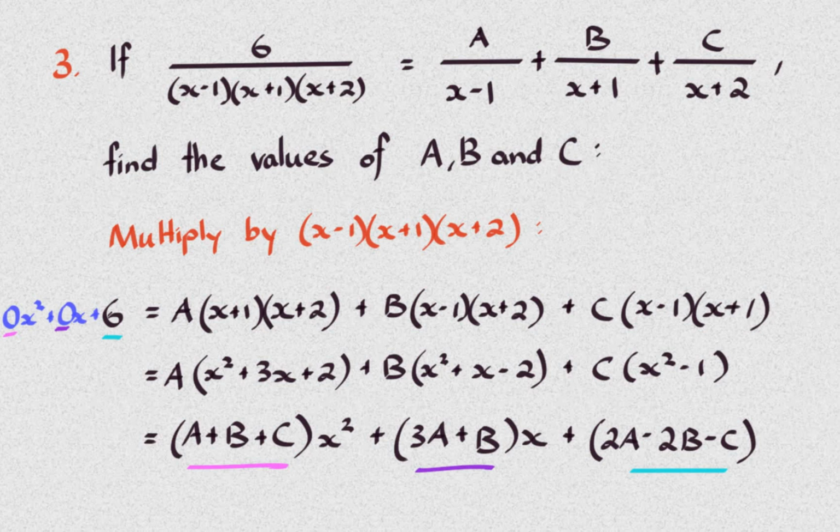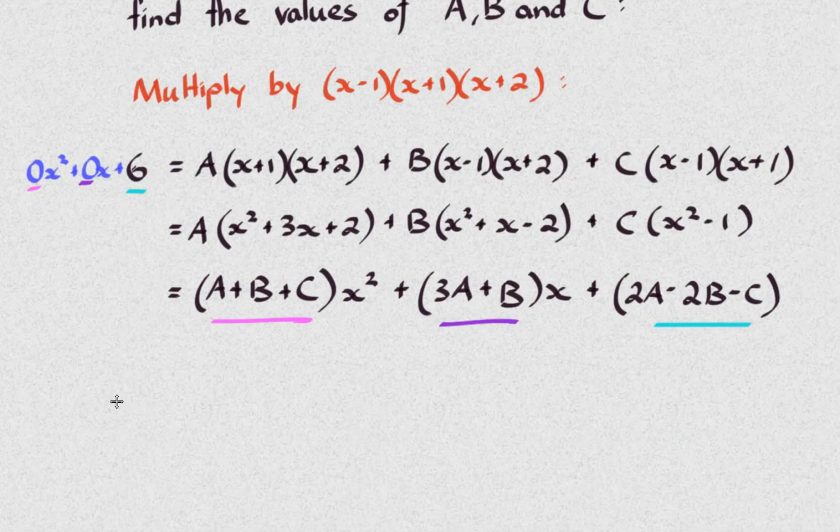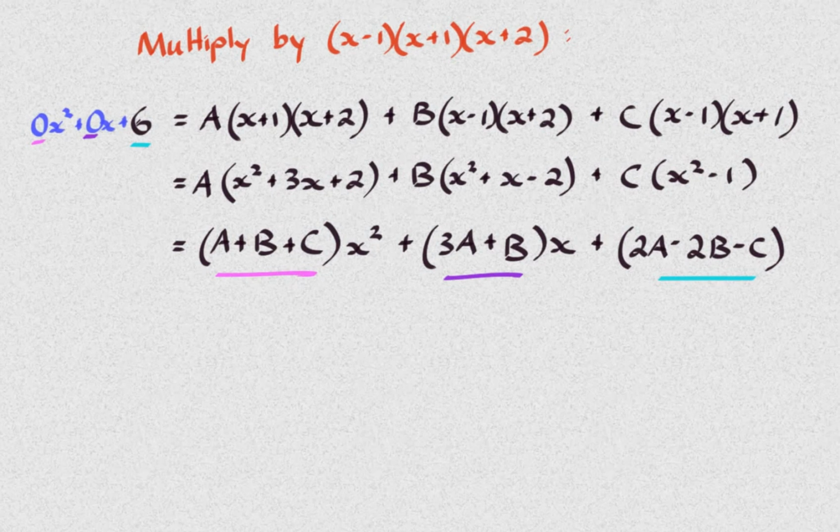So let's write each of those out as separate equations. So equation 1, a plus b plus c equals 0.